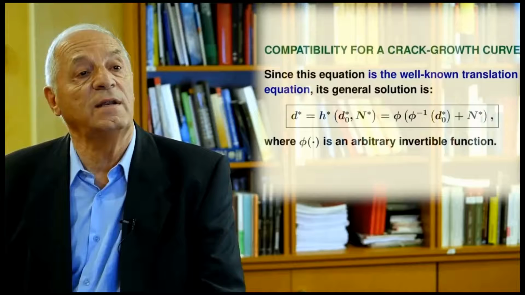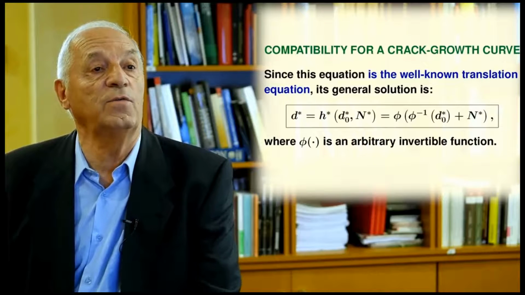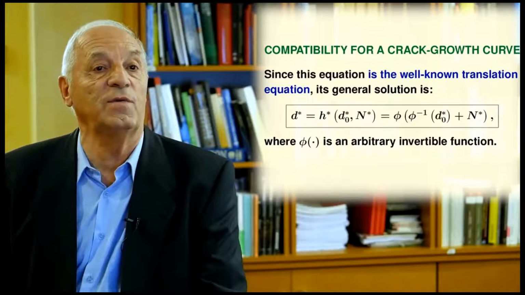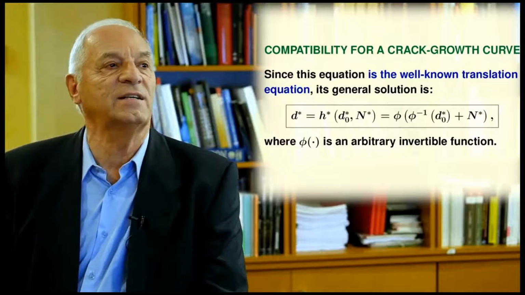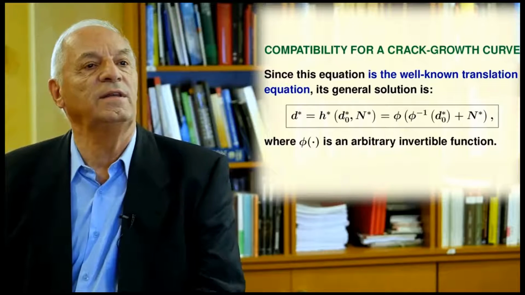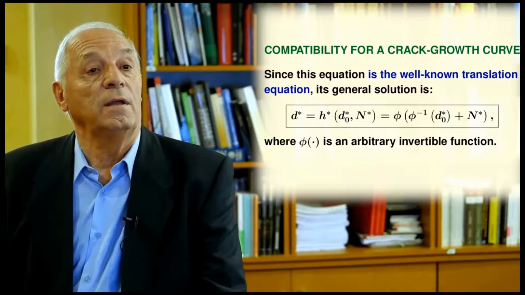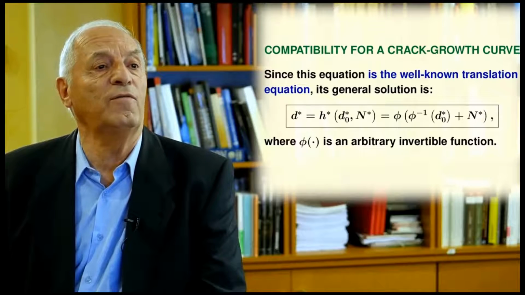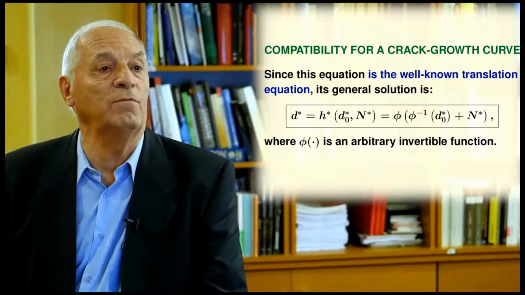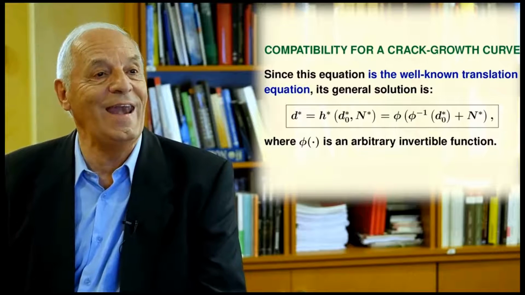If I write this condition, I get the functional equation that you have there, and you can see that this functional equation is the well-known translation equation that has as the only solution the one that you see there. It is interesting to see that we were looking for a function h of two arguments, a0 and n.